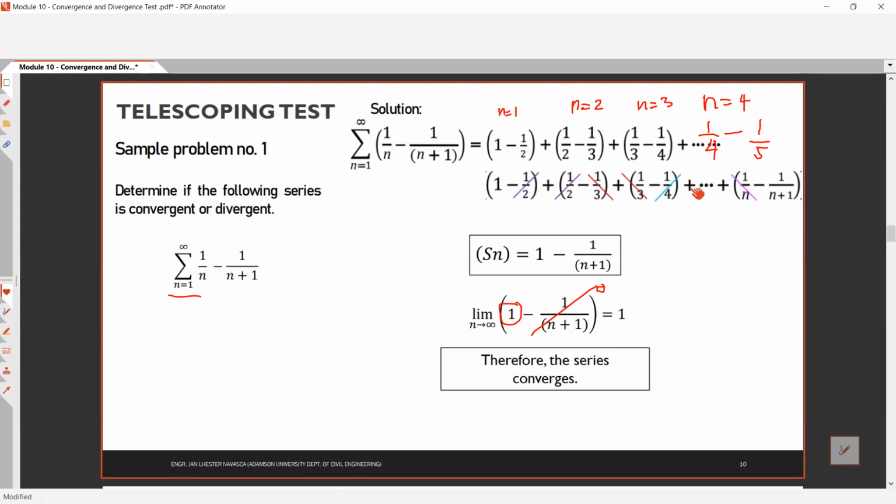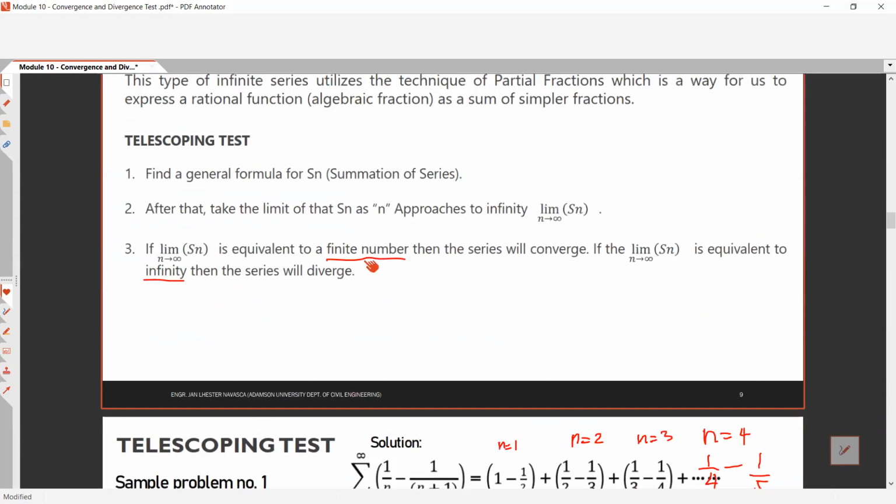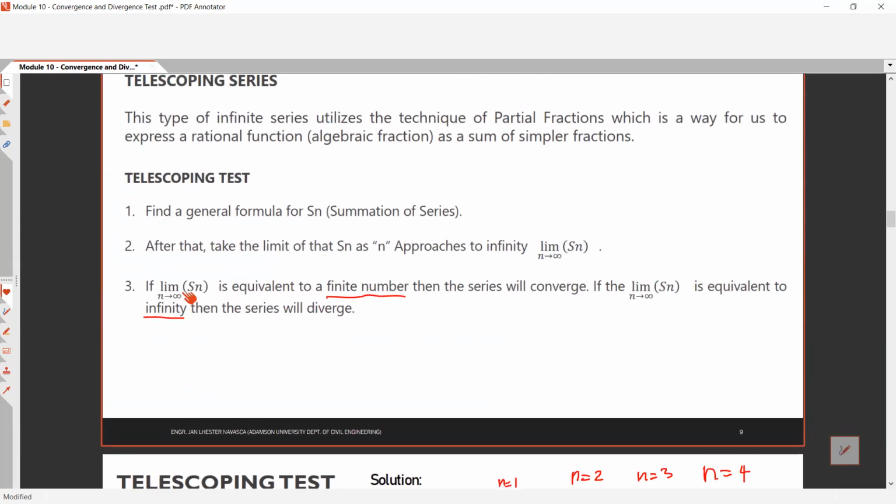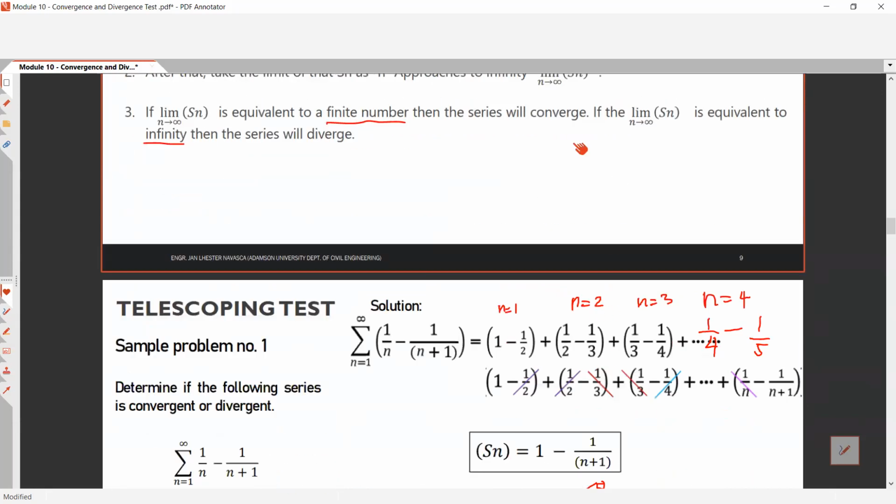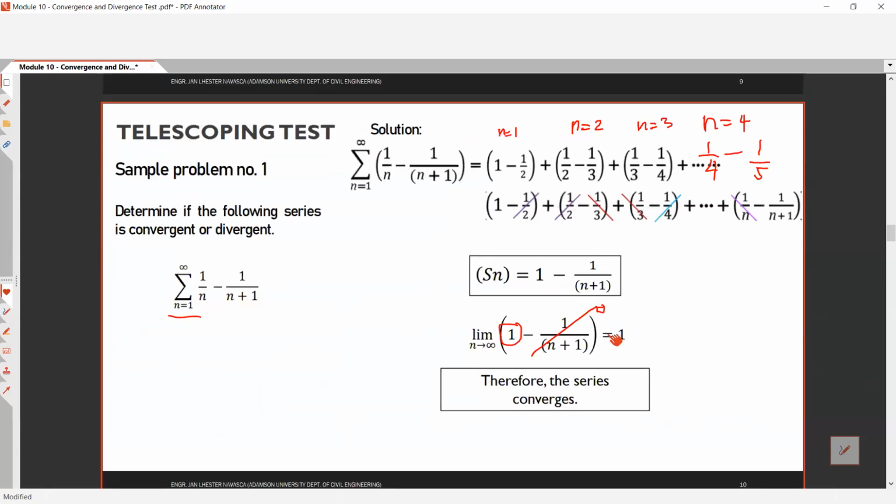Okay? So sabi dito sa condition, if the limit of the summation is any finite number, therefore that is converging. If the limit of s sub n is equivalent to infinity, that is diverging. So since the limit as n approaches infinity is a finite number, 1, therefore the series is converging.